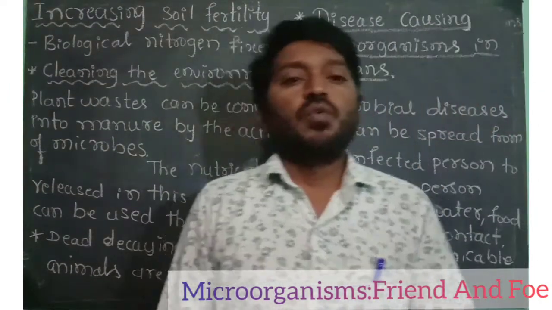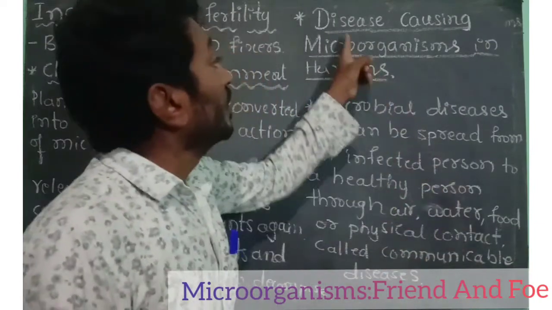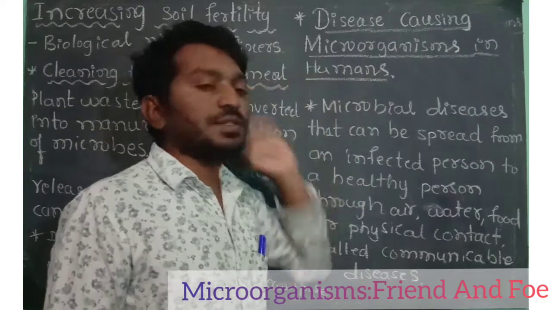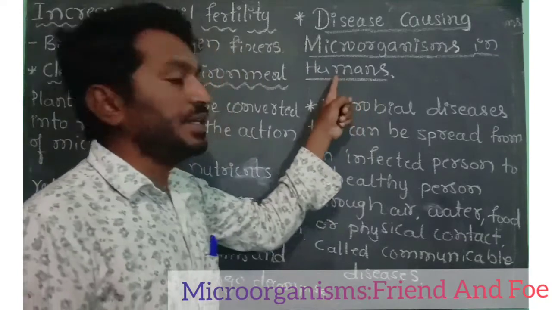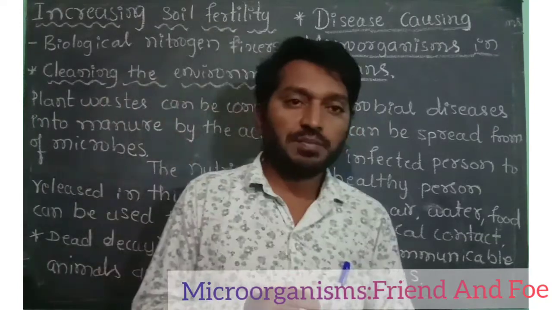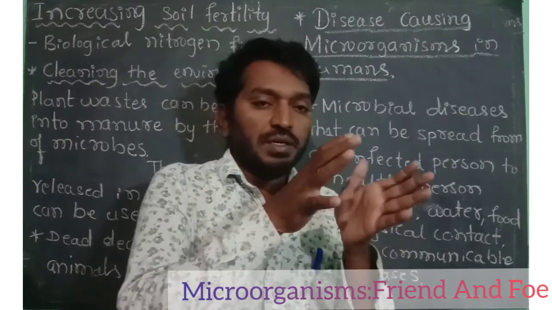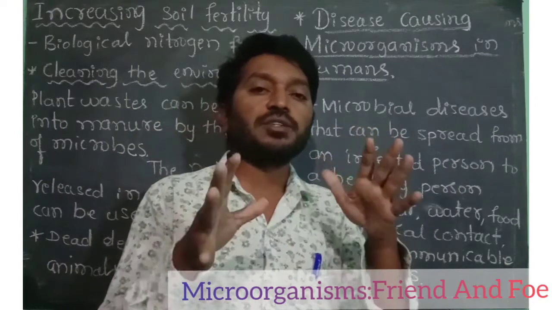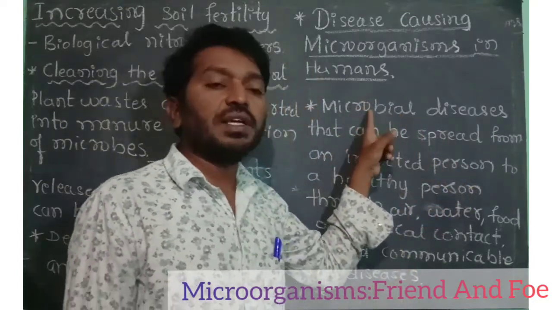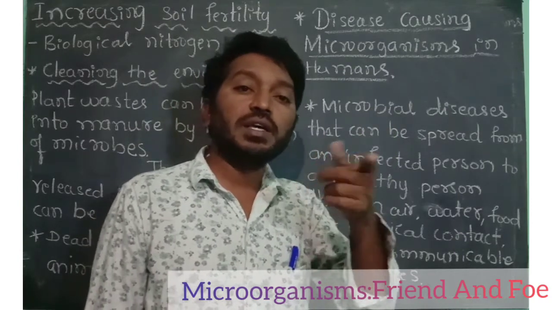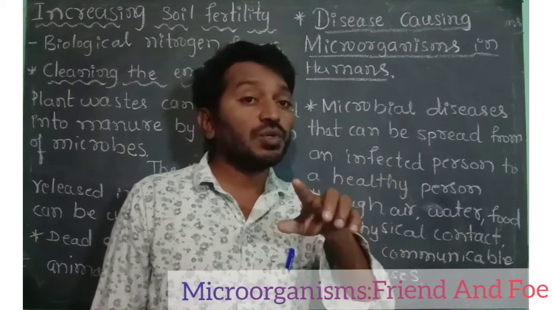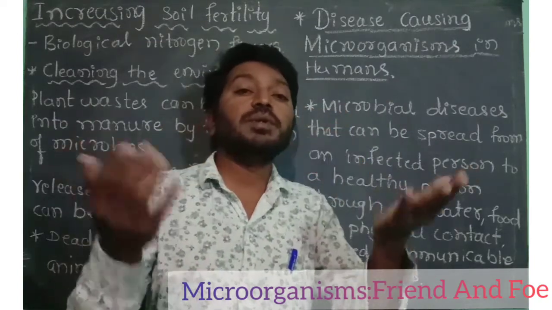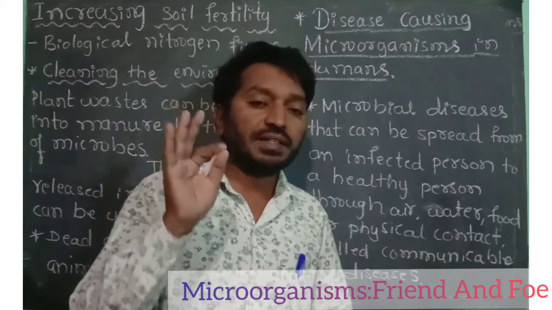Students, one more important point is disease-causing microorganisms in humans, especially how disease can be caused in human beings. Organisms that cause diseases or problems in the body are called pathogens. Pathogens can enter the human body through the air we breathe and the food we eat, and we can also come into contact with an infected person.